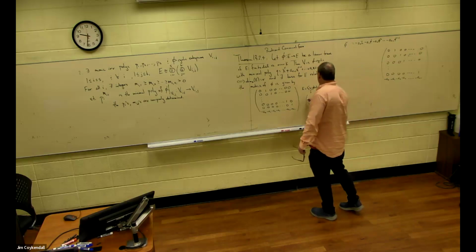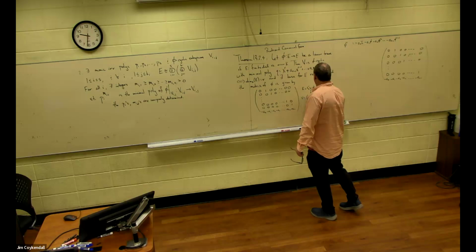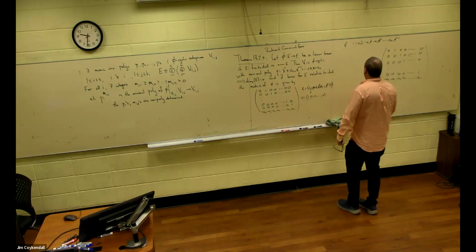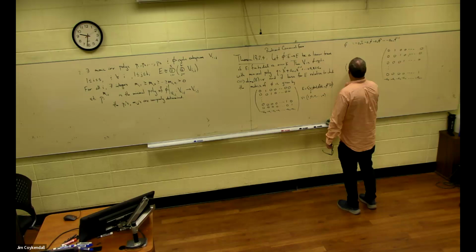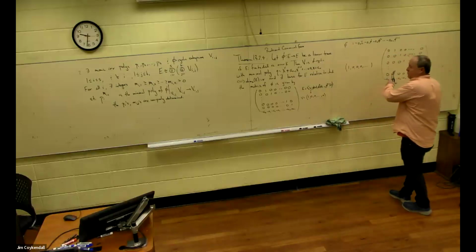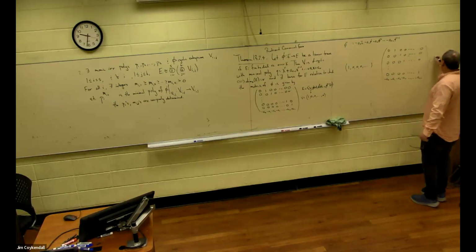The first basis element is v. Now, what happens when I do this matrix multiplication here?